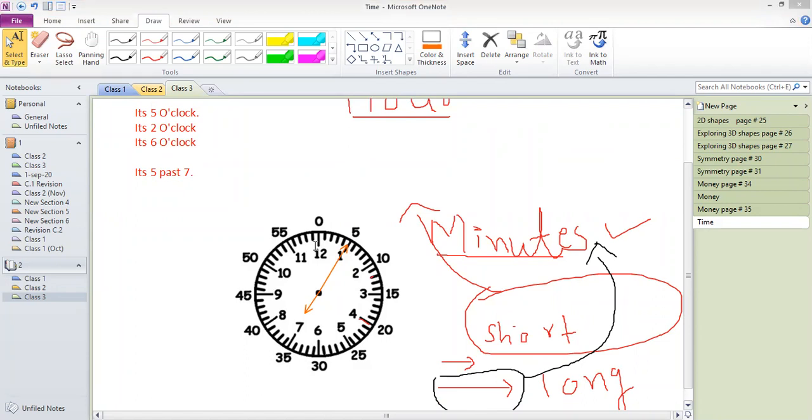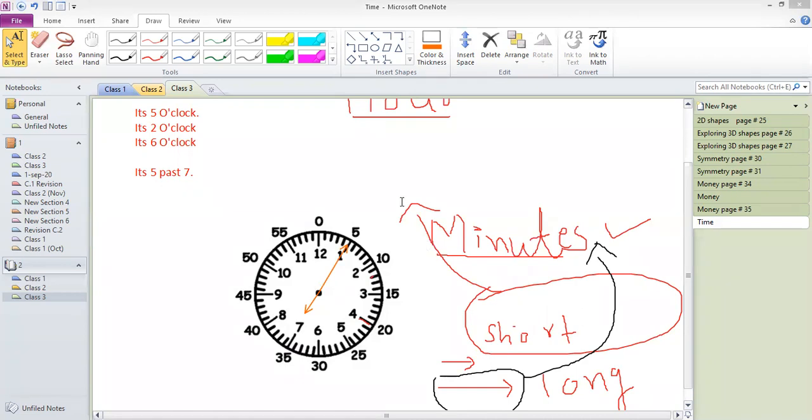Again, I will repeat. You will check the short hand. It is at 7. Then you will check the long hand. It is at 5, so from 12 to 1, you will check how many minutes have passed. 5 minutes have passed, and the short hand is at 7. So you will say it's 7:05. Clear, guys? Very clear, sir.